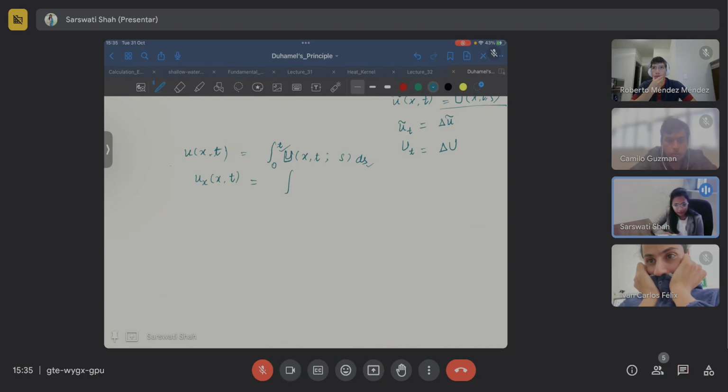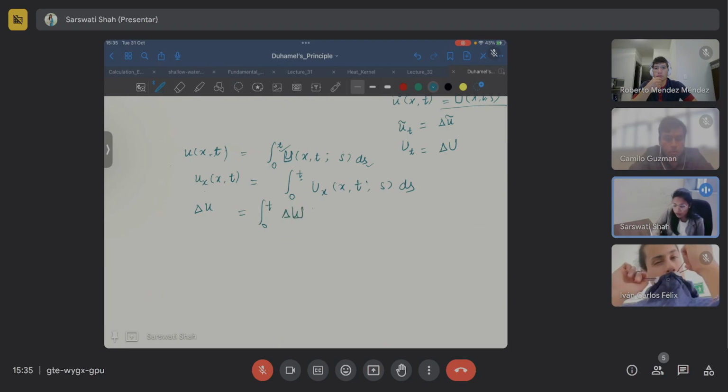Again the fundamental theorem of calculus gives the integration from 0 to t of u_x(x,t;s) ds, because t is independent of x, so the derivatives of the upper limit and the lower limit with respect to x are 0. Similarly, if you take the double derivative, that is the Laplacian of u, can we write this as capital U? Is it okay?